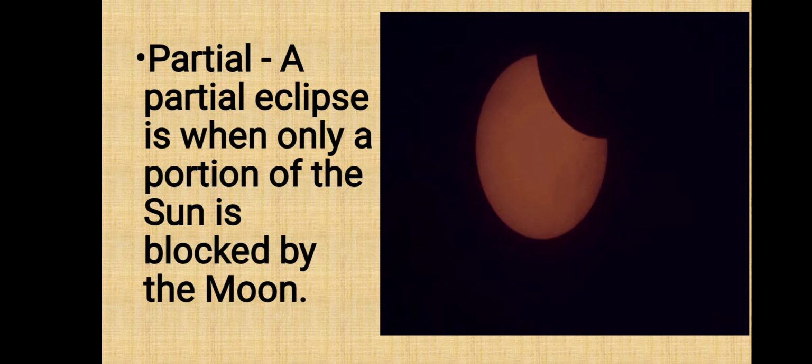And a partial eclipse is when only a portion of the sun is blocked by the moon.